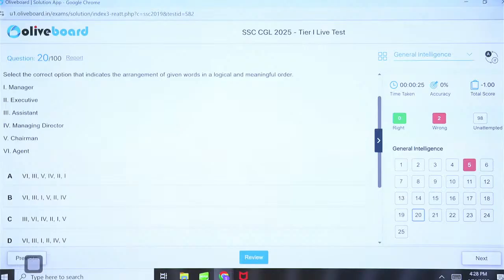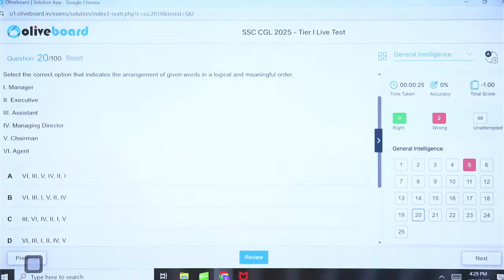Logical arrangement. Now this is an increasing order of corporate posts.